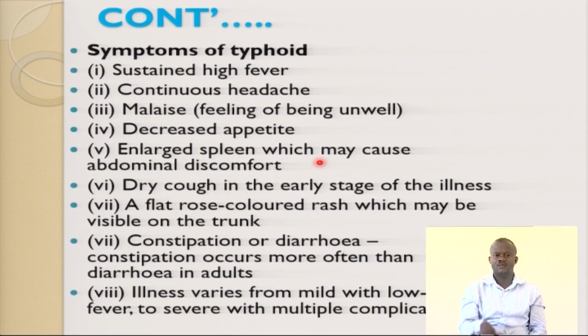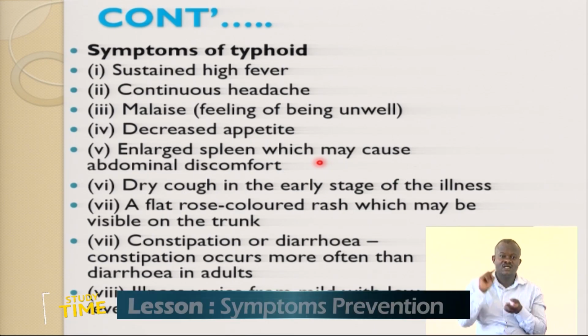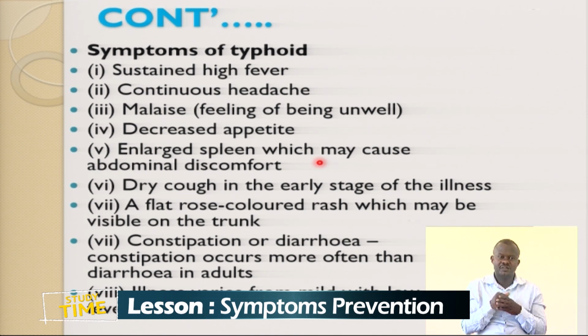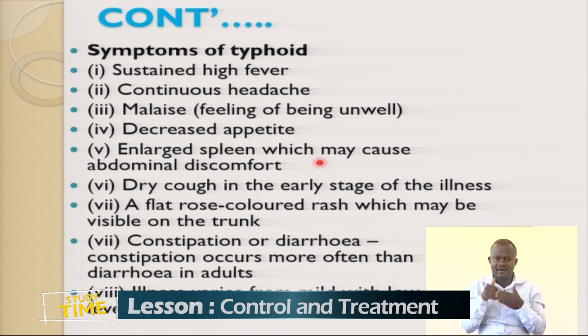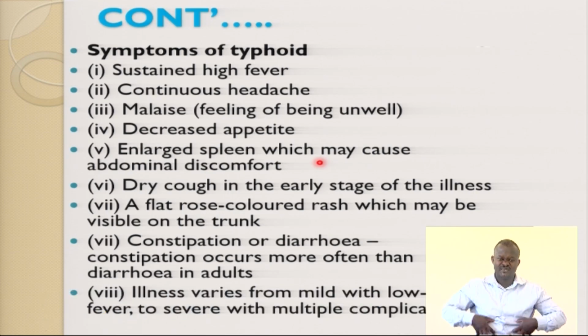So let's look at the symptoms of typhoid. There is a sustained high fever, continuous headache, feeling of being unwell, decreased appetite, enlarged spleen, abdominal discomfort, dry cough in the early stage of illness, a flat rose-colored rash which may be visible on the trunk, and constipation or diarrhea.